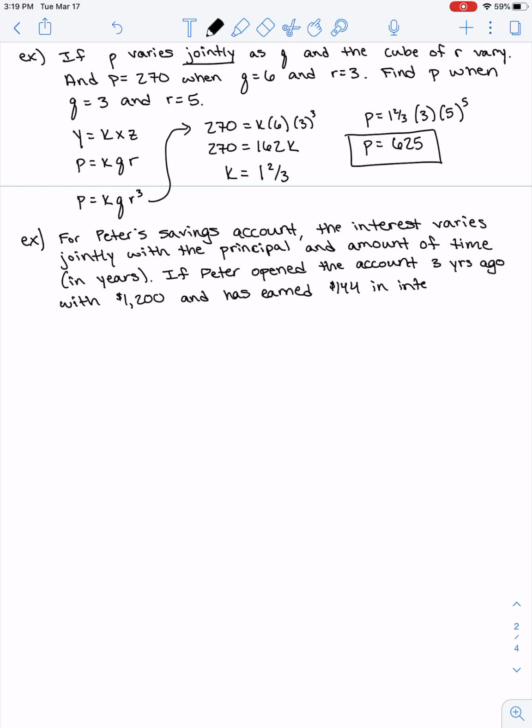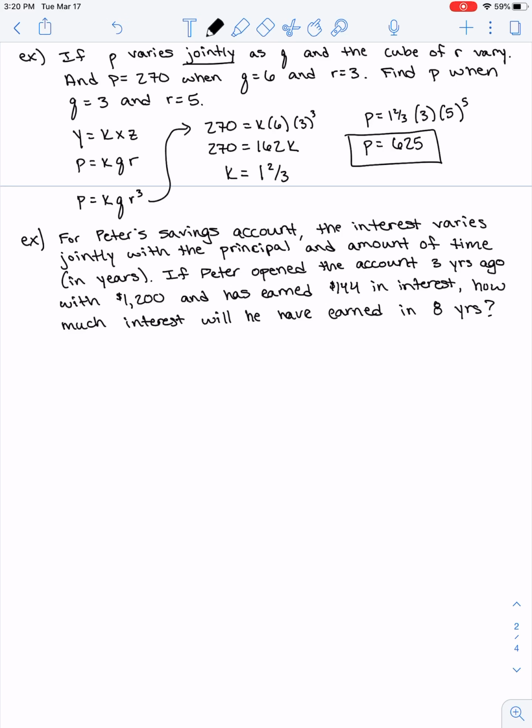It's pretty good. How much interest will he have earned in 8 years after opening the account? Okay, so this is a joint variation.